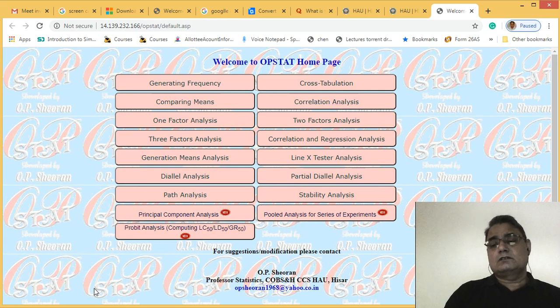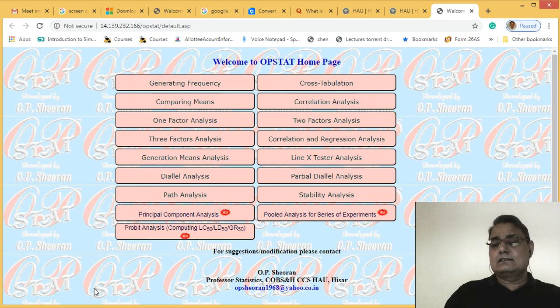Method 1, in which all possible crosses are taken into account, means the crosses, reciprocal F1s and F1s with parents, everything is included, and this is first method. Second method is F1 and parents are included, then reciprocal and F1 are included, only F1 are included. So in total we have 4 methods, and this module provides the analysis for all the 4 methods.